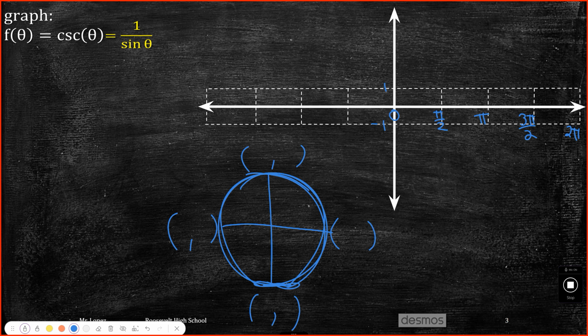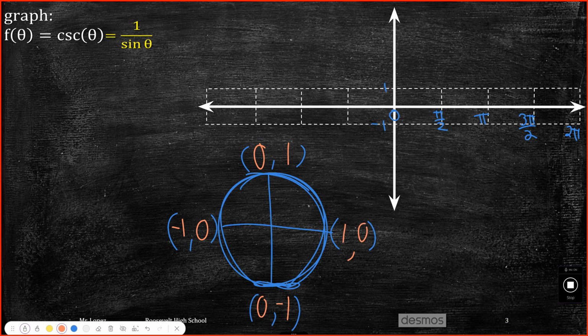Coordinates: 0, -1. Yes. And -1, 0. Okay, so I think everybody got it: 0, 1, and 1, 0.